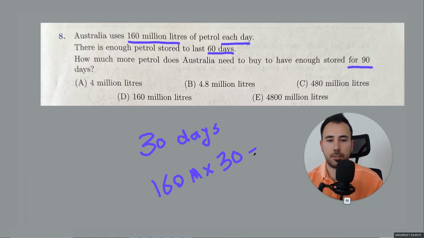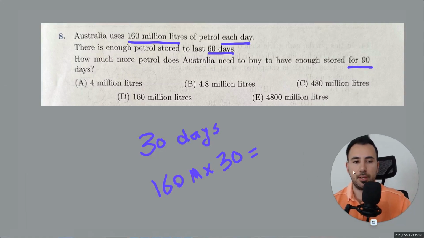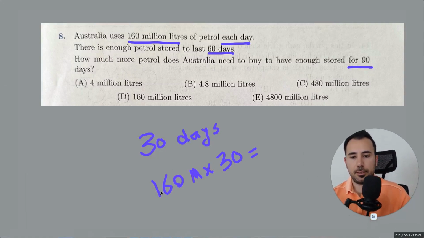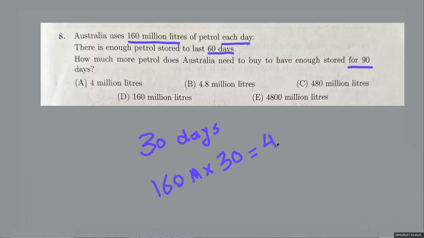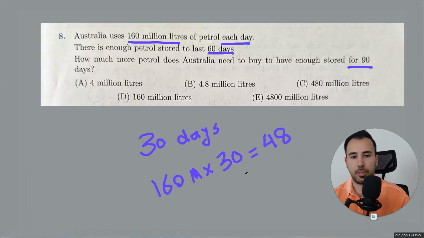Okay, how much is that going to be? Okay, 16 times 3 is 48. Okay, 1 zero here, 1 zero here, 2 zeros. And the million will be repeated, which is going to be E.